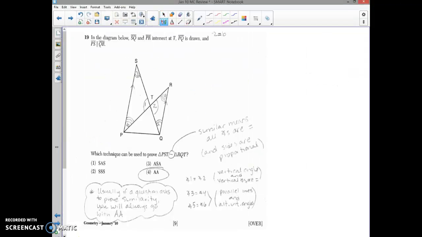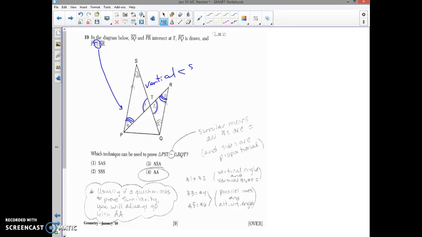This one, not a lot of work, complete geometry knowledge, and what we're looking for here is your recognition of vertical angles and your recognition of some alternate interior angles. And since we know that the lines are parallel, we know alternate interior angles are equal.